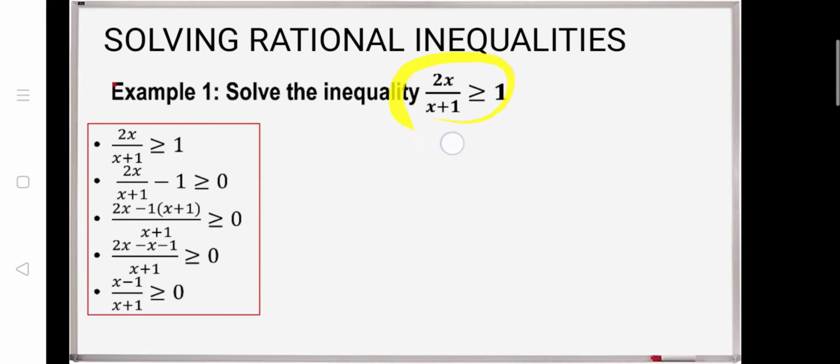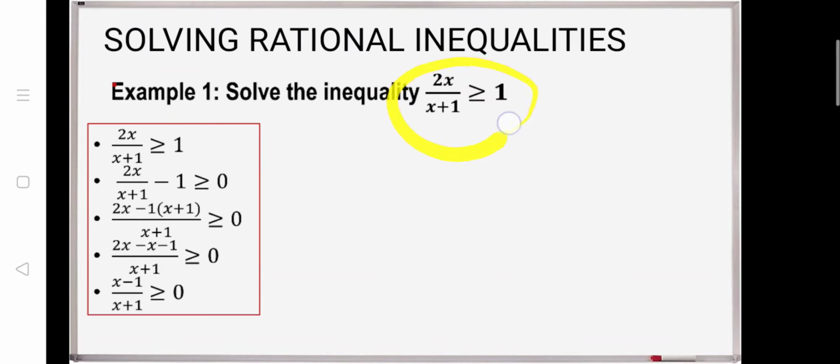Okay, let's solve the inequality. Suppose we have this given inequality, 2x over x plus 1 is greater than or equal to 1. First, to solve the inequality, you have to convert it to general form.